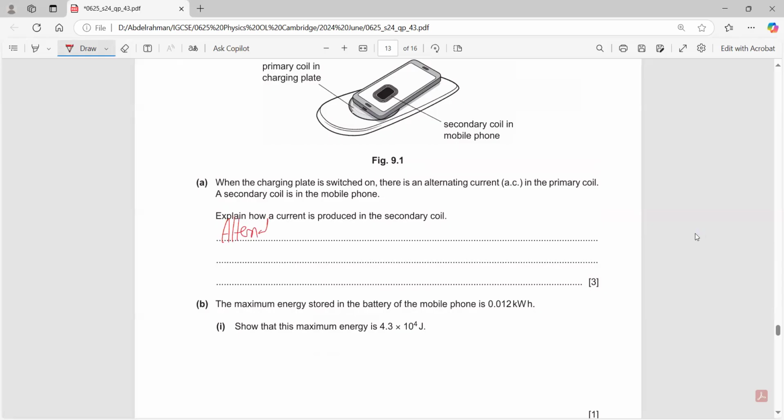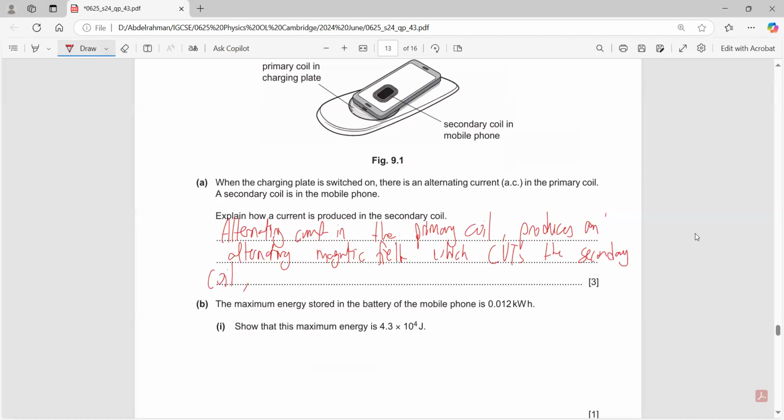The alternating current in the primary coil produces an alternating magnetic field, which cuts the secondary coil, producing an alternating induced EMF and current.